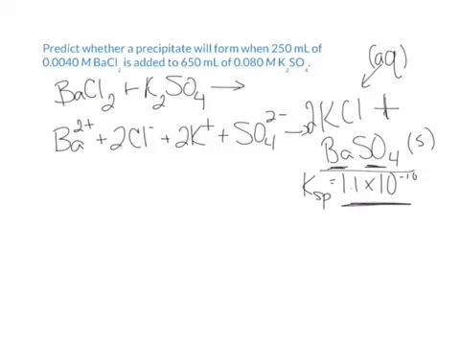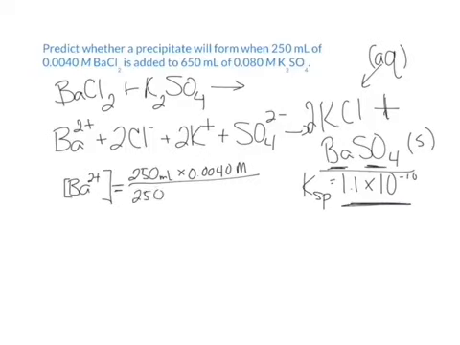First we're going to look at what our barium concentration is. You started with 250 milliliters of this 0.004 molar solution, but now the concentration changes because we have increased the volume, so we're going to take the total volume.